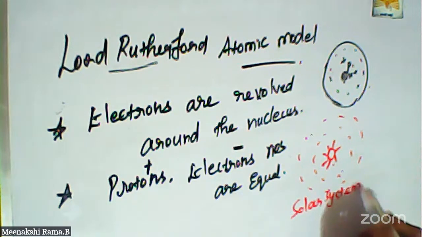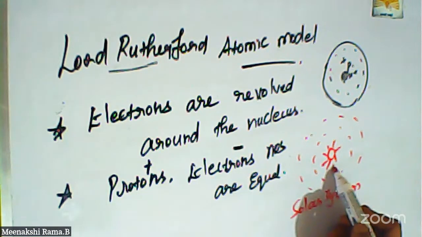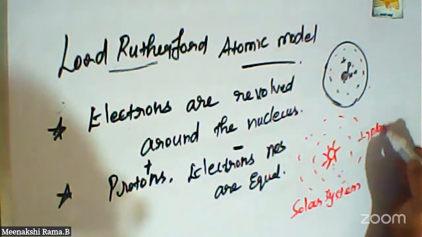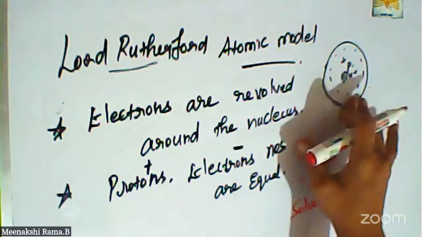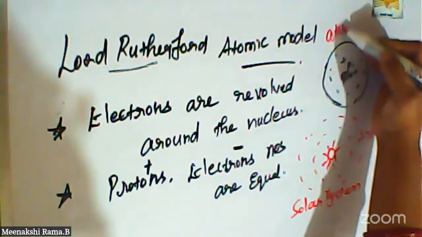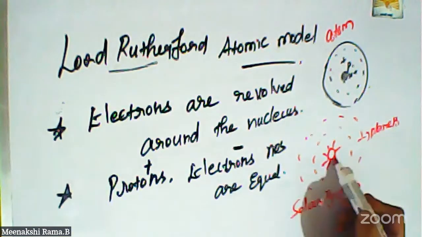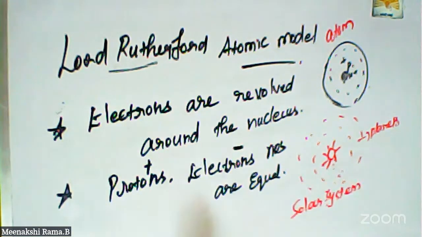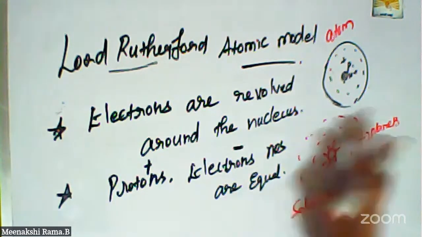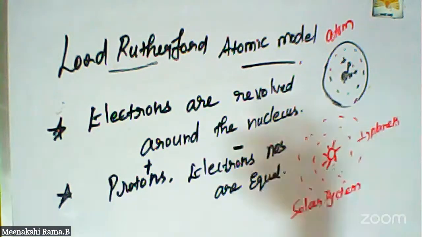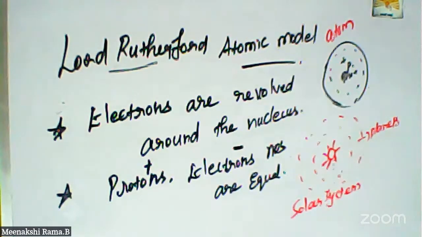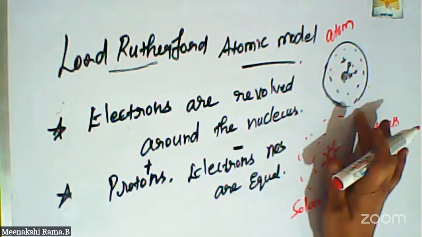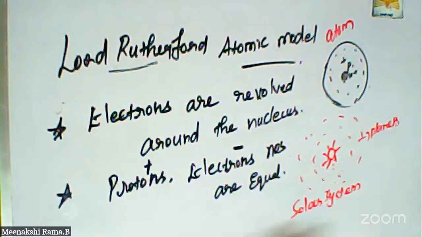The sun is the nucleus, and the planets are electrons. Electrons are revolving around the nucleus in the atom model, just as planets are around the sun.